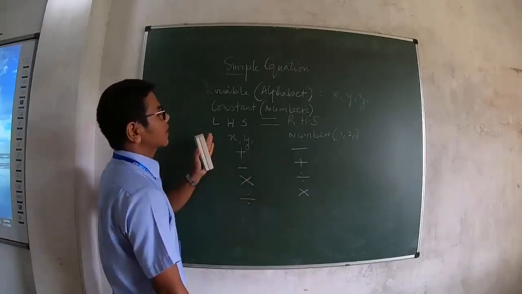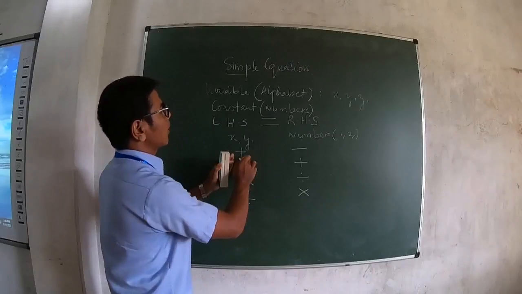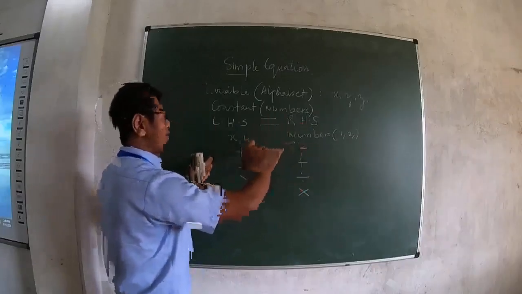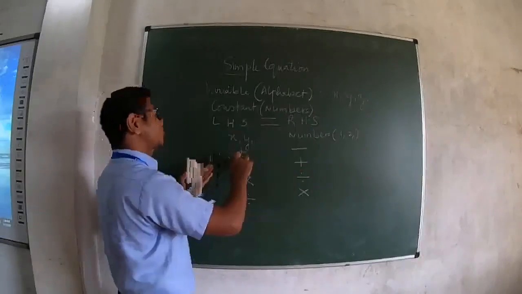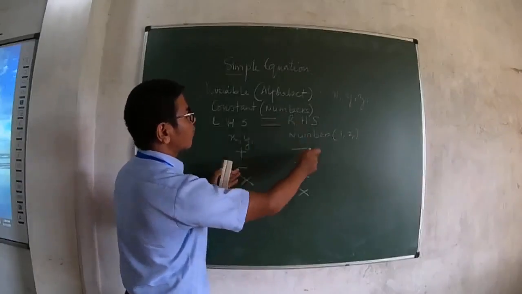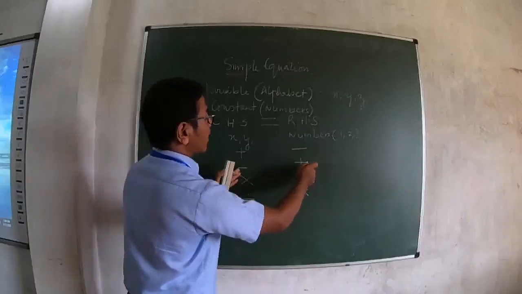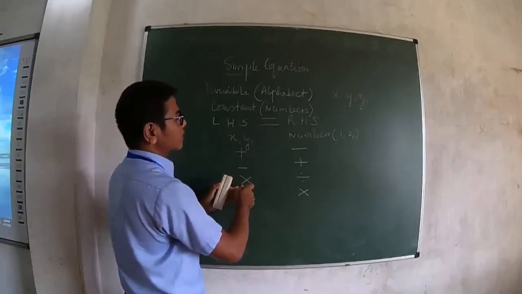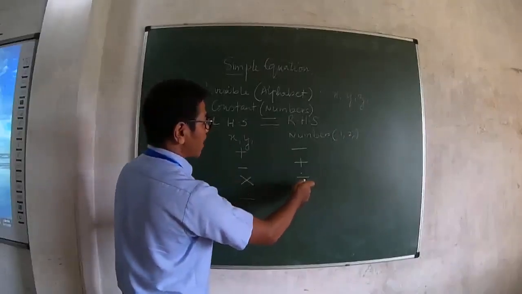Or the basic formula: when a plus moves to the right, it becomes minus, or likewise when a minus from the right goes to the left, it becomes plus. When a minus is transposed to the right, it becomes plus. When a multiply is transposed to the right, it becomes divide.